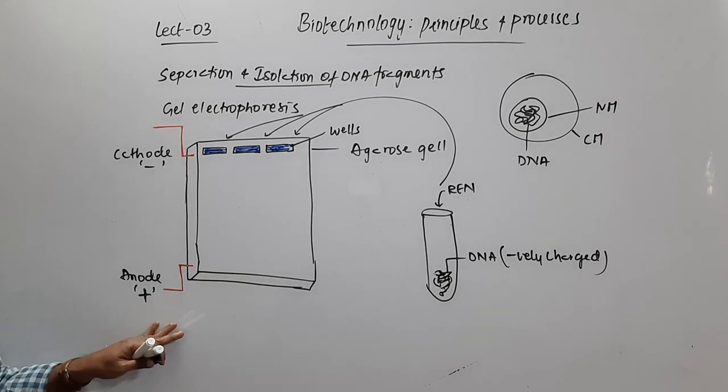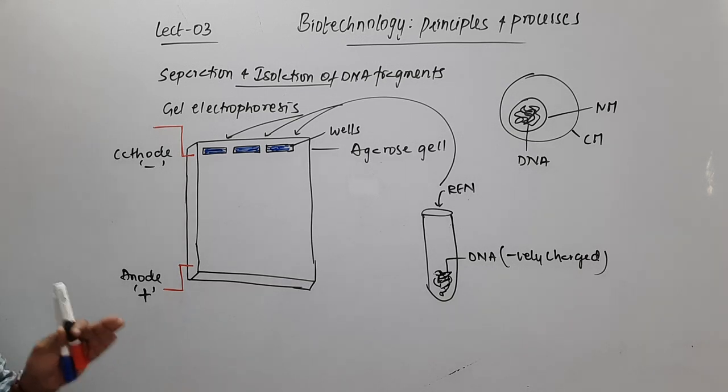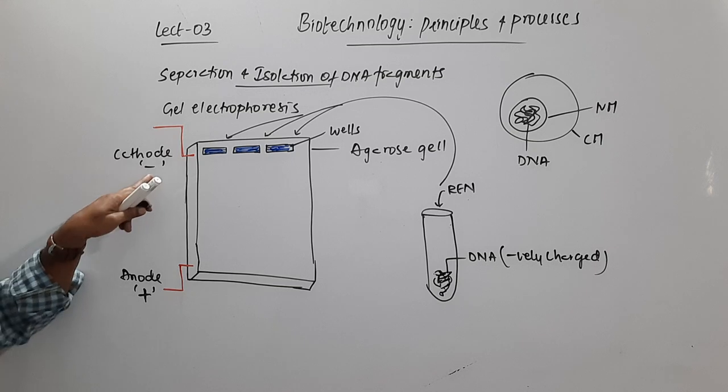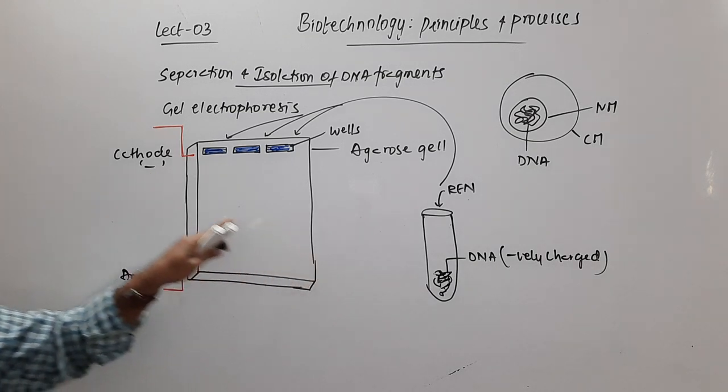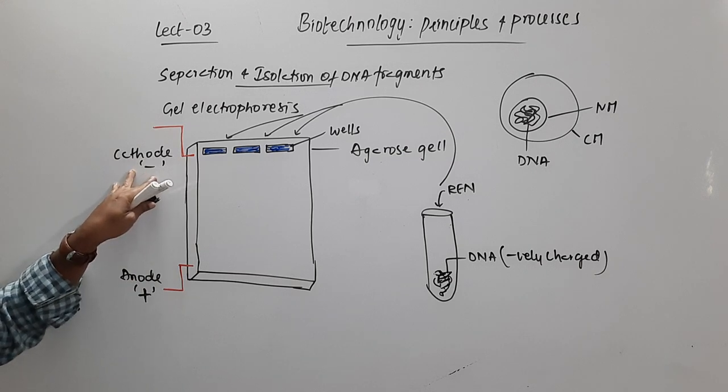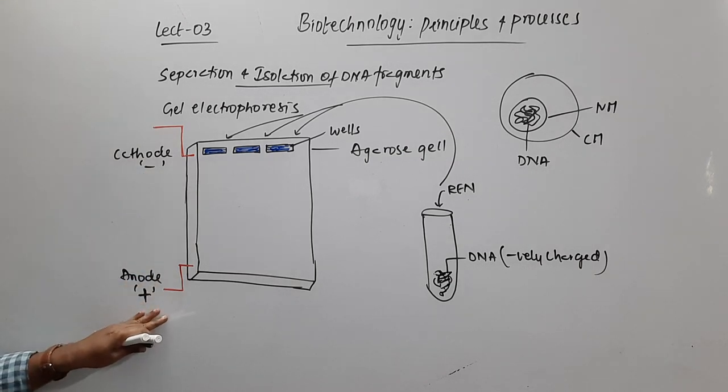Now I'm going to supply a small voltage. This electrophoresis is a small machine that will be supplying a small voltage. The side on which I'm loading these DNA fragments will be the negative side, the cathode, and the opposite side will be the anode side.